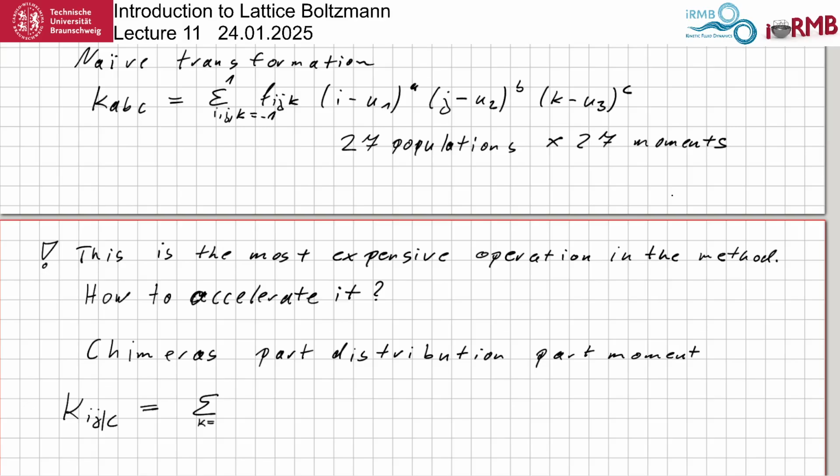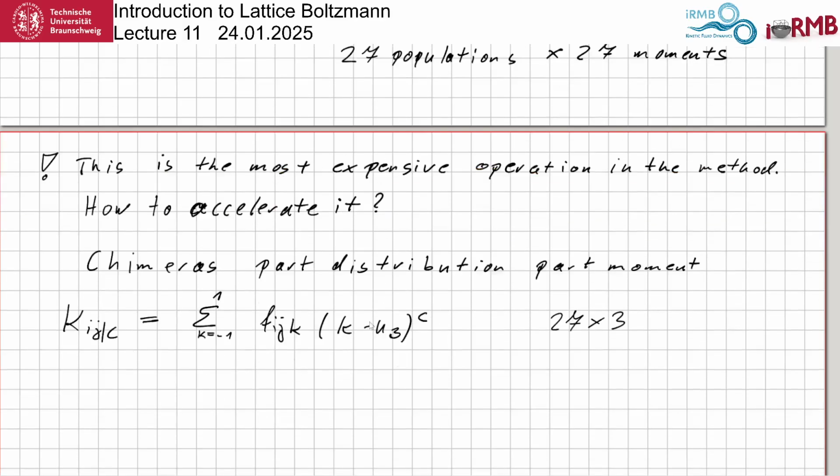We sum over small k, k from -1 to 1, F_ijk, and we do this with k minus u3 by the power of c. This is something that we have to do for all our 27 populations 3 times.